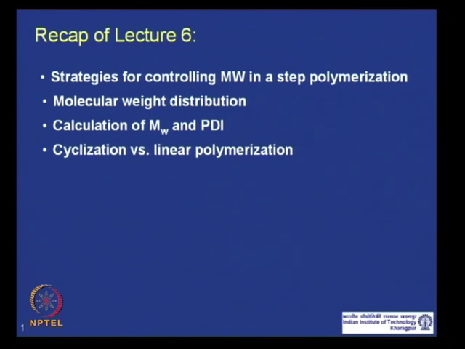In the last lecture, we had studied the mechanism, the strategies by which we can control the molecular weight of a step polymer. There is some time, as I mentioned in the last lecture, that you might require to control or restrict the molecular weight of the polymer you are making, and we discussed two methods.